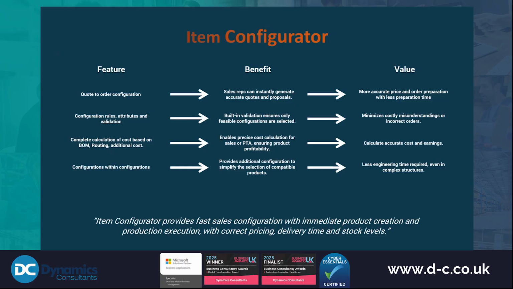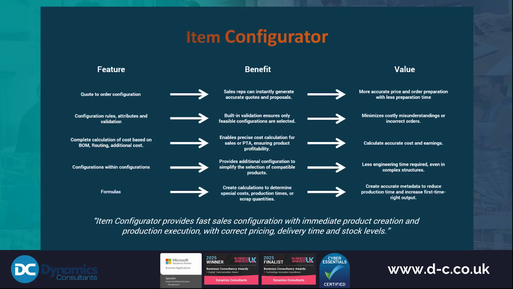The item configuration also allows for configurations within configurations. That might sound difficult, but it is a situation where you have a mother and child dependency, with configurations within a mother configuration.